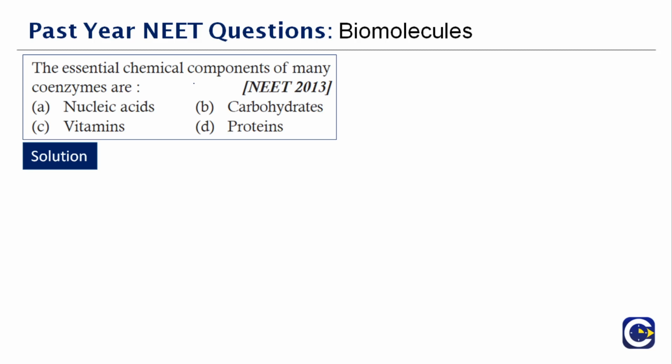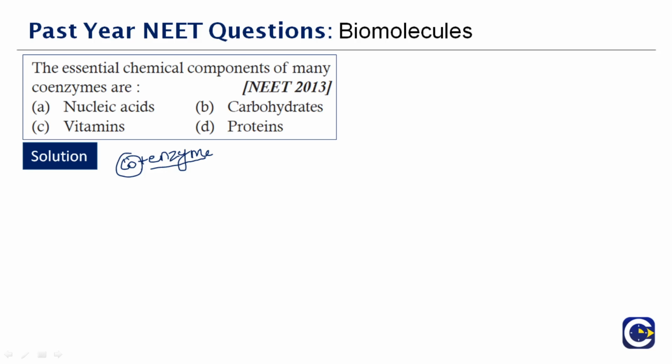A coenzyme is an organic non-protein compound that binds with an enzyme to catalyze a reaction. As I already said, co plus enzyme. With the enzyme you also have something in association with it, so that it will help the reaction to get completed. You have the presence of this co. It can be a non-protein compound and it's organic only.